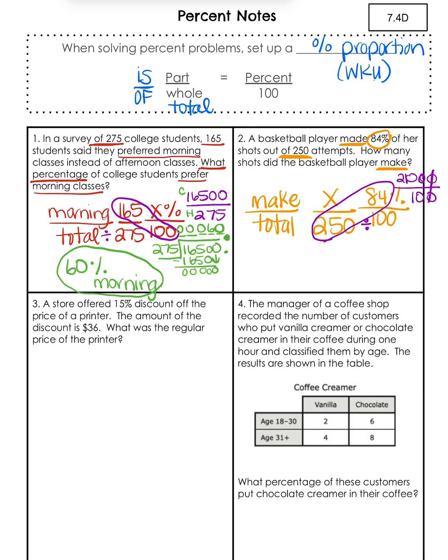I'm going to cross off some zeros to make my math easier. And now I just have 210 divided by 1, which we know is 210 by itself. So anything divided by 1 is just that number. So that's how many shots she made. 210 shots made. So that's kind of a reminder of what it looked like in 6th grade.